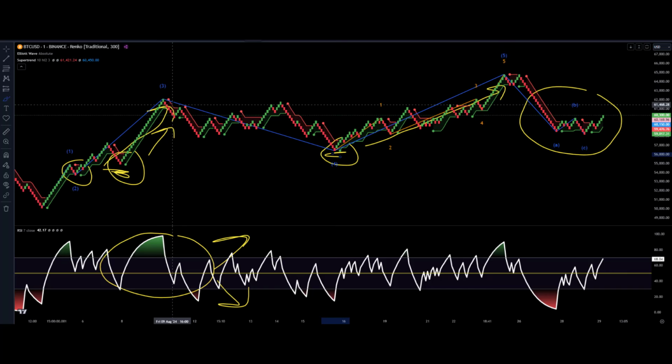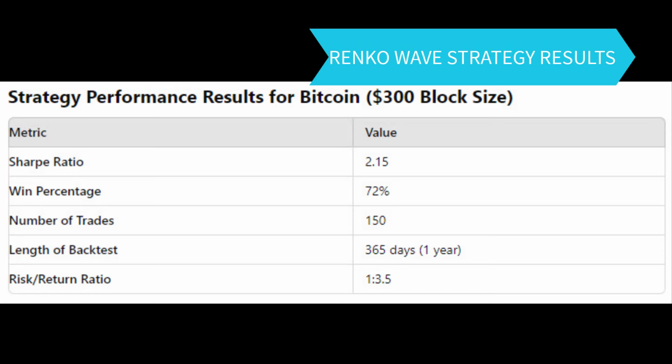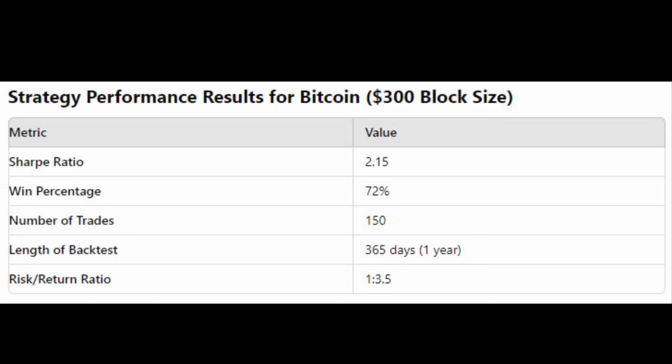Let's go now into the backtest results that I've pulled back so far, as well as markets that it seems to work nicely in. Give you a few stats and detail around there. So what about backtest results, performance? Well, here we've got Bitcoin on the $300 block size.